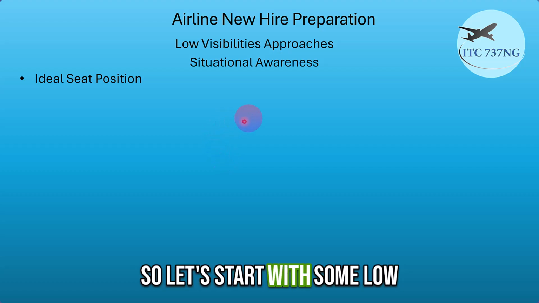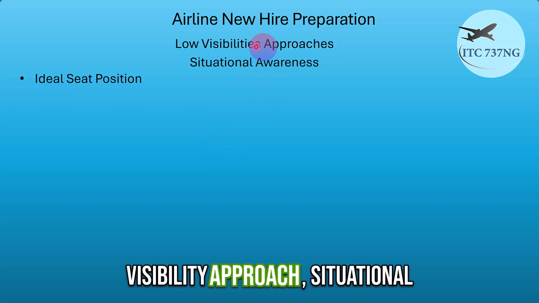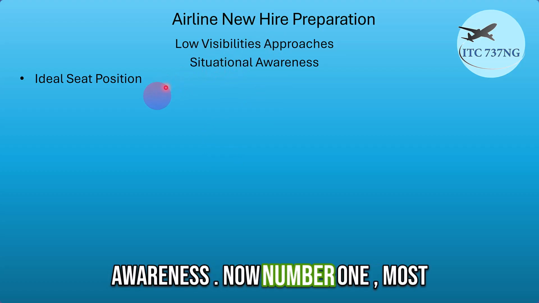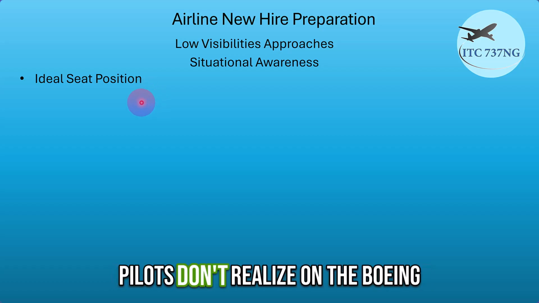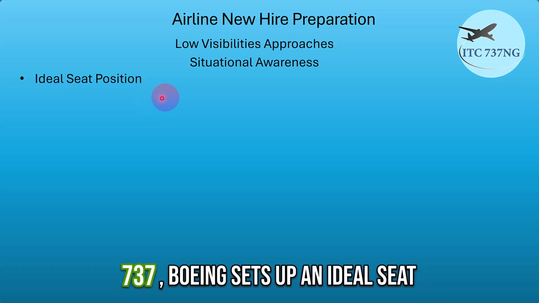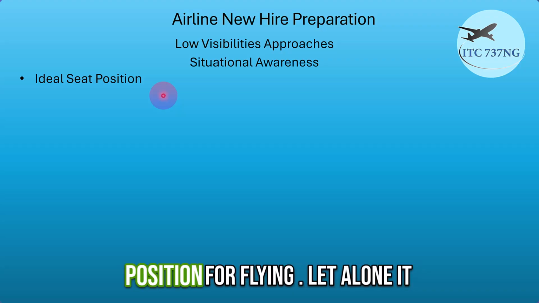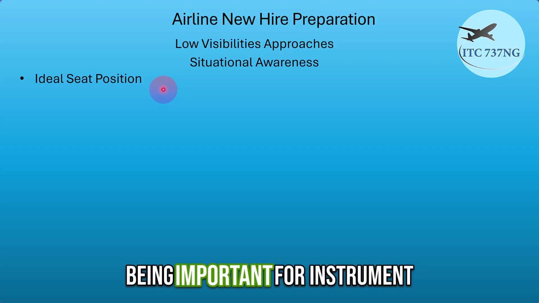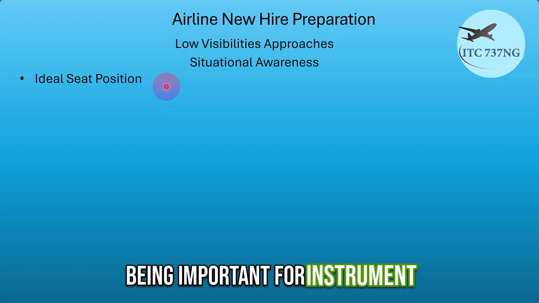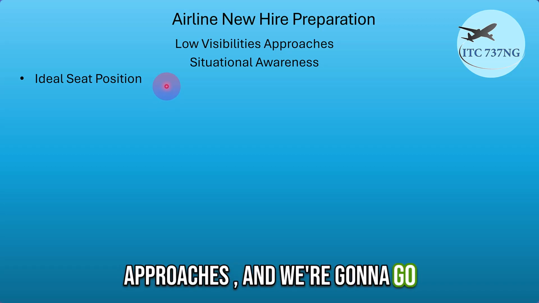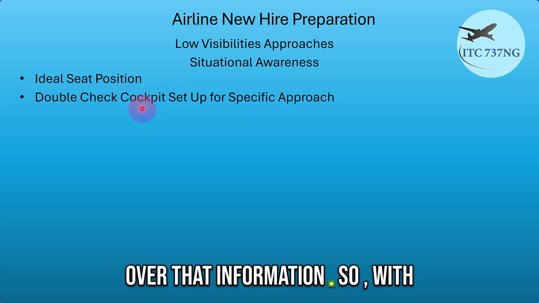So let's start with some low visibility approach situational awareness. Number one, most pilots don't realize on the Boeing 737, Boeing sets up an ideal seat for flying, let alone it being important for instrument approaches, and we're going to go over that information.